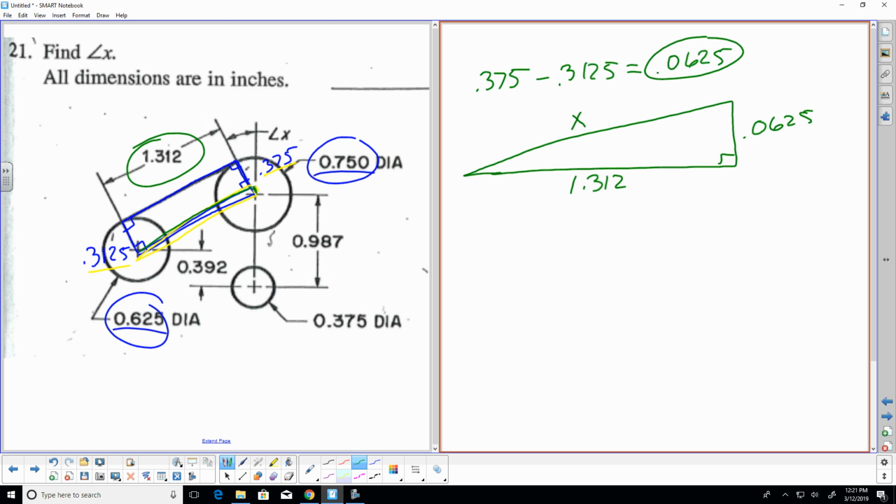Actually, I don't even need x. What I want is the angle. I want this angle right here, that angle of that teeny tiny triangle. So I'm going to try to find this angle. We'll call it theta. Well, that's opposite over adjacent, which is tangent. So I'm going to go tangent of my angle equals opposite over adjacent. So that's 0.0625 divided by 1.3125.